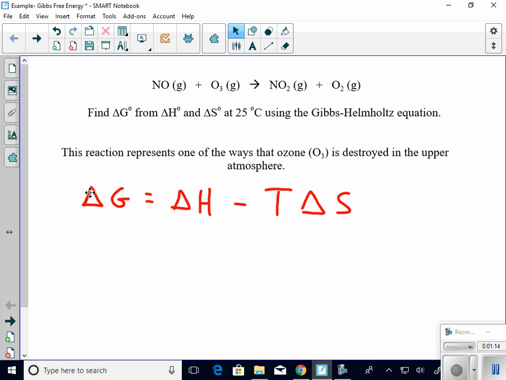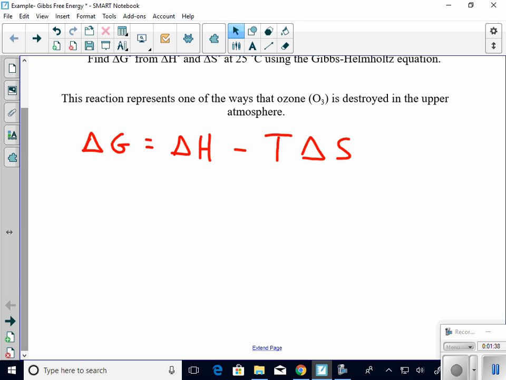So we have to convert our temperature from Celsius to Kelvin. This is going to be somewhat of a lengthy problem because you are going to be doing 3 different things. So where do we start? We just start with the enthalpy.